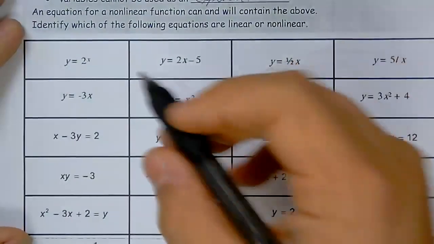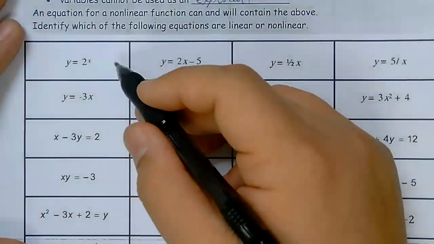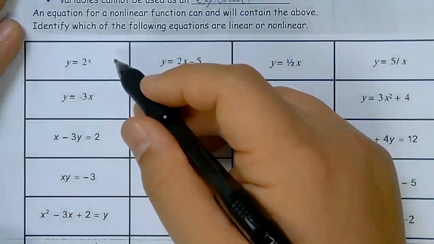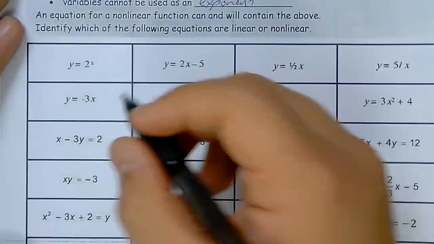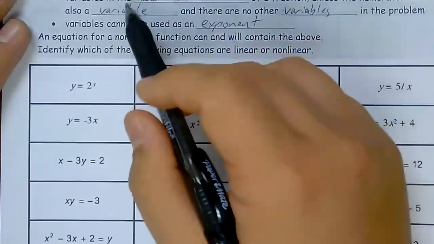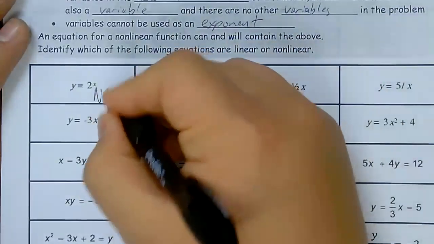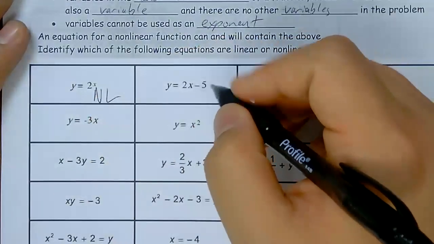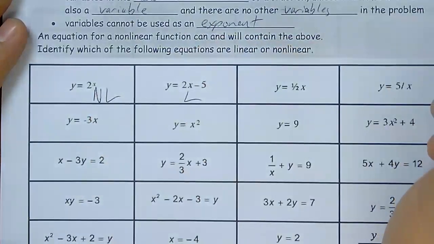Let's work through these first few. Is this first one linear? Is 2 to the power of x linear? No, we cannot use a variable as an exponent. Nonlinear. 2x minus 5. Yes, linear. 1/2 x.